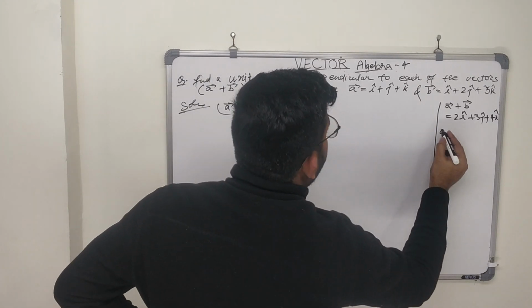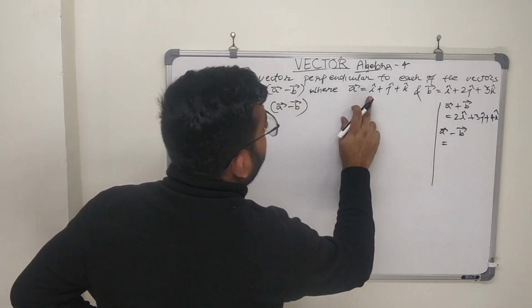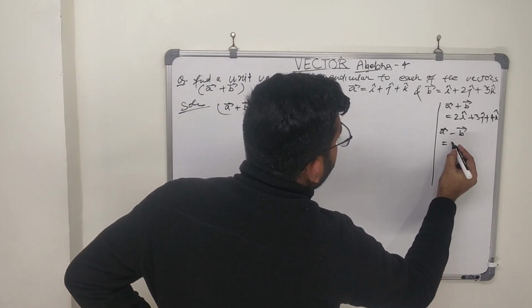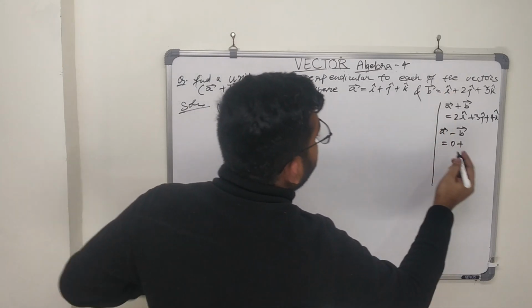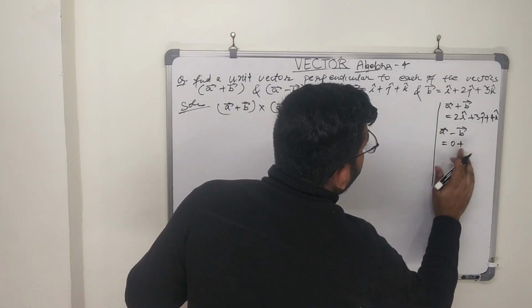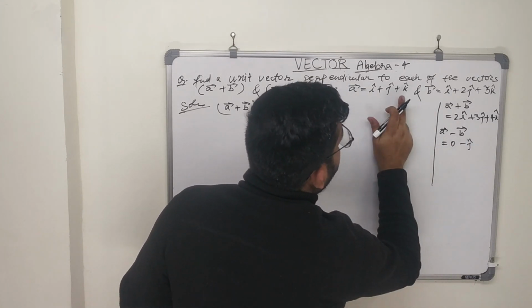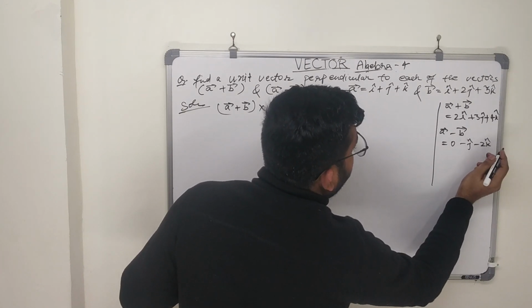Similarly, A vector minus B vector will be equal to i cap minus i cap, that is equal to 0, plus j cap minus 2j cap, that is equal to minus j cap. K cap minus 3k cap will be equal to minus 2k cap.